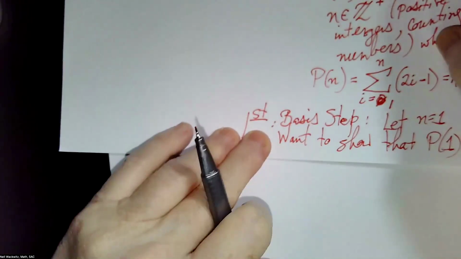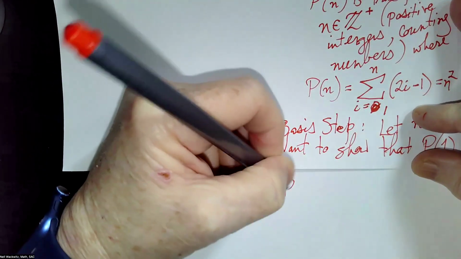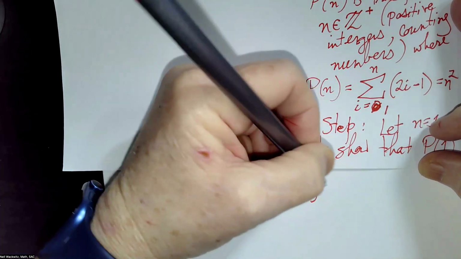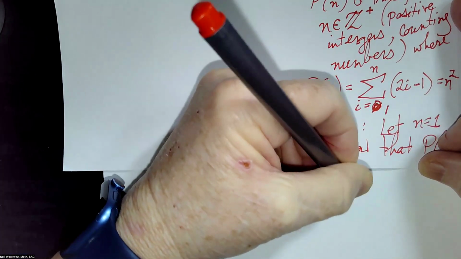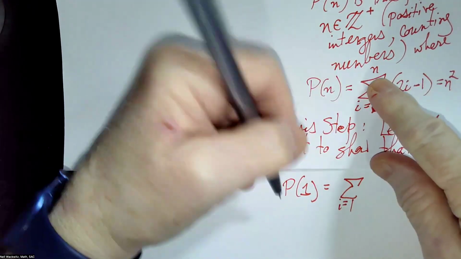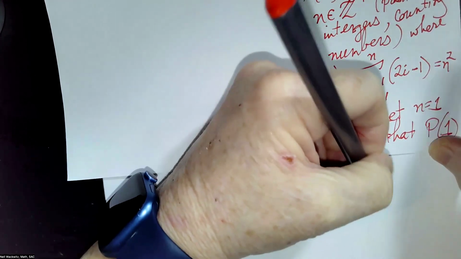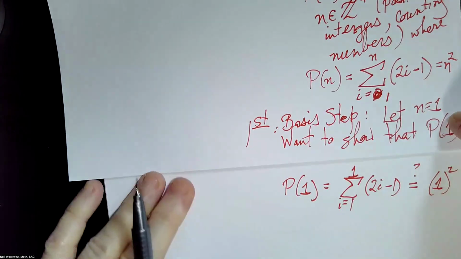Let's see, P of 1. Here's my P of n. P of 1. The sum as i equals 1 up to n, but n is 1, of 2i minus 1. And I need to show, does that equal 1 squared?